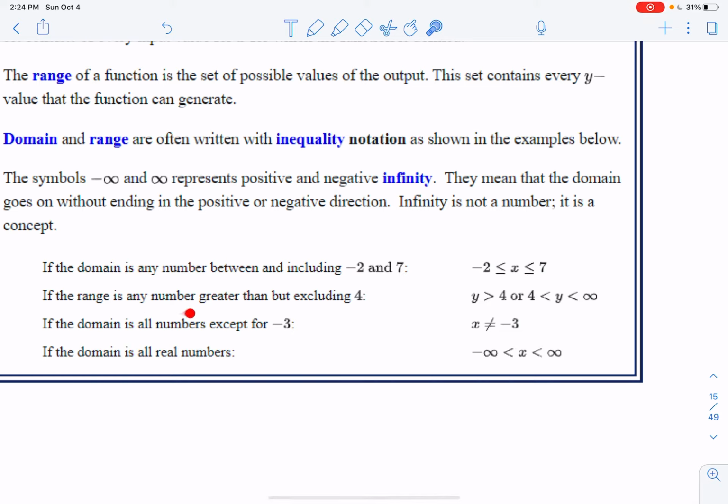If the range is any number greater than, but excluding 4, so it's greater than 4, but it can't be 4. So we could write it like this, y is greater than 4. If the domain is all numbers except for -3, then we could say x is not equal to -3. And if the domain is all real numbers, then we could use -infinity to positive infinity.